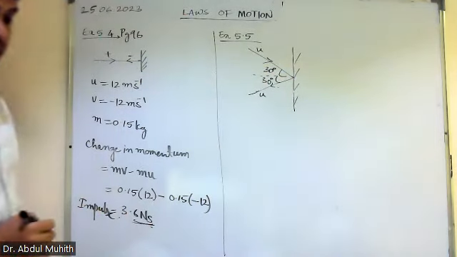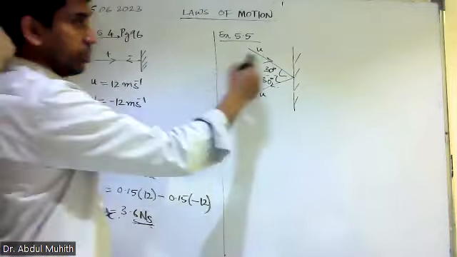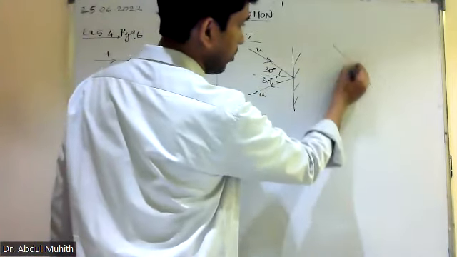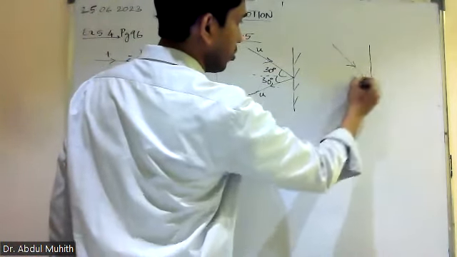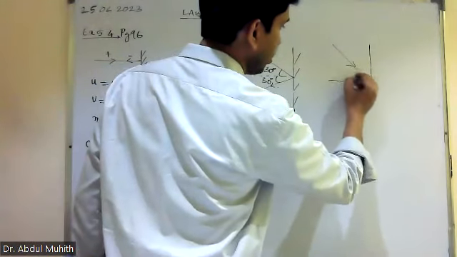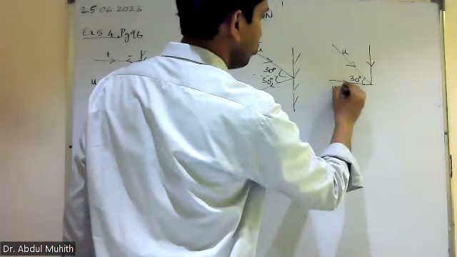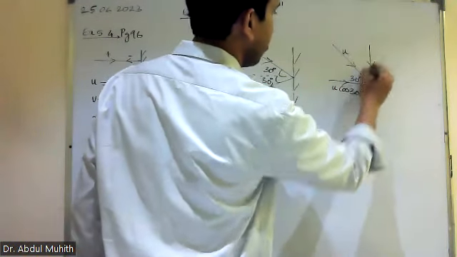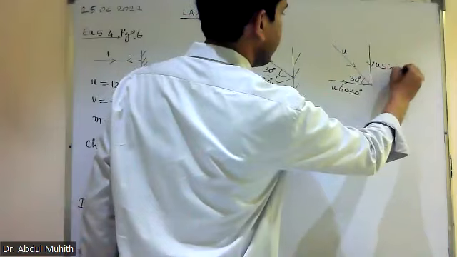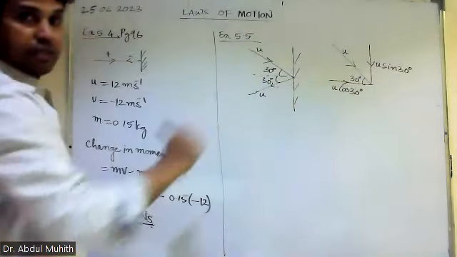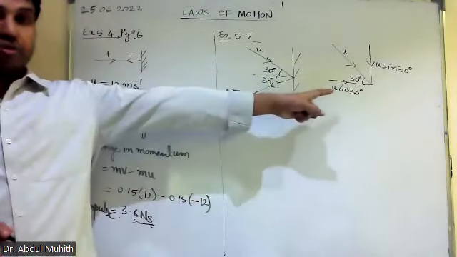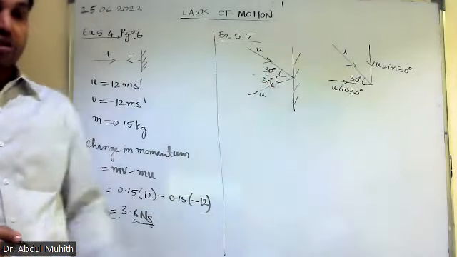I am resolving this into components, as we did in the previous lesson. So when you resolve this into components, suppose this is the 30 degrees, these are the two components. This is u, this will become u cos 30 degrees, and this will become u sin 30 degrees. Is it clear? Any doubt in that one? u cos 30 and u sin 30. This is the horizontal component and vertical component.